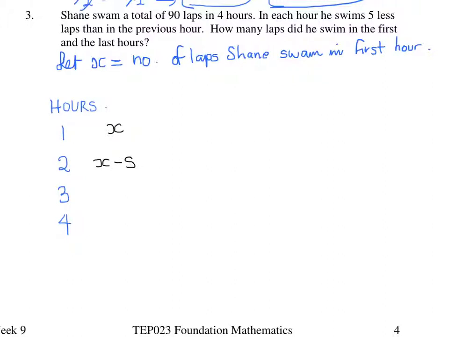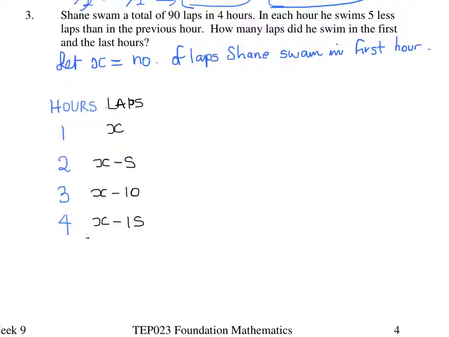And in the third hour it was another 5 less, so that must be x minus 10 laps. And in the last hour, another 5 less, so x minus 15. So our black column, remember, is the number of laps.